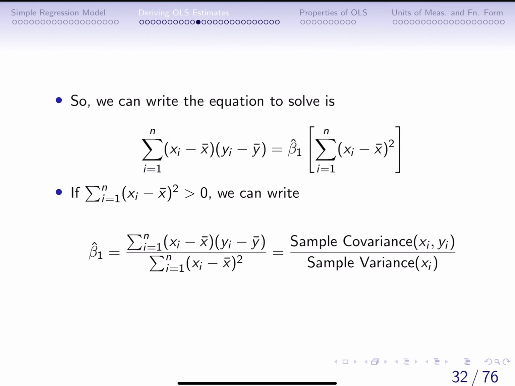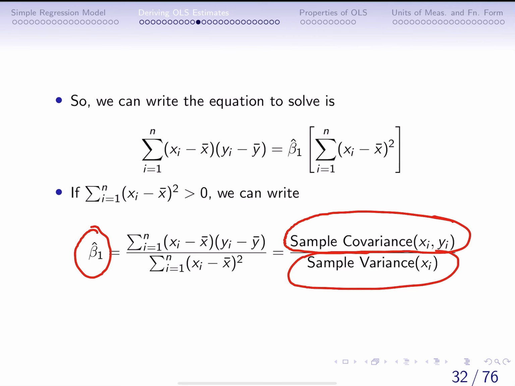So what we get to in the end is an expression for beta 1 hat, which basically says that beta 1 hat is a ratio. It's a ratio of the sample covariance between x and y divided by the sample variance of x. This is really important to note: what do you have in the denominator here?